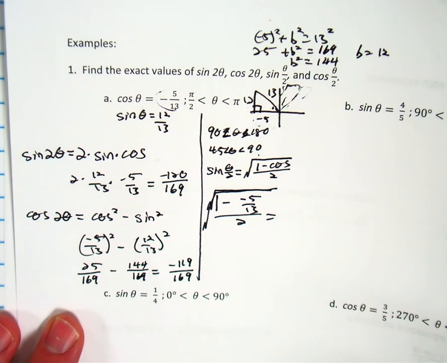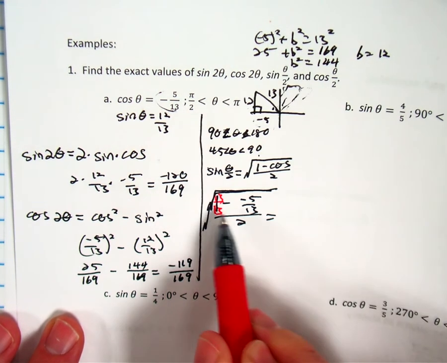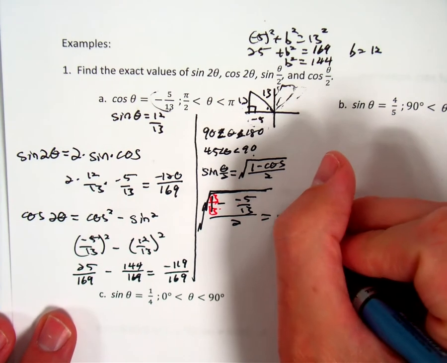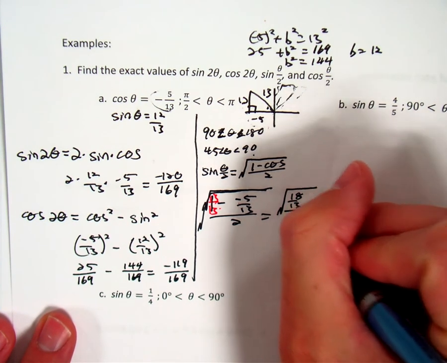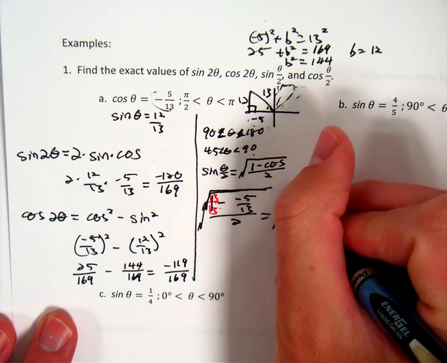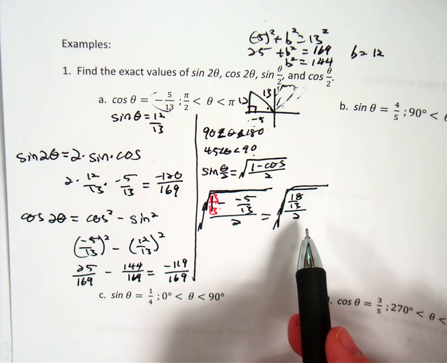And my 1, I'm going to change to 13/13 so that it works better here. 13 minus negative, so actually plus 5, is going to be 18/13 over 2. And I've got to do a better job of this. I'm terrible at letting that 2 slip outside of the square root. Okay, so 18/13 divided by 2.